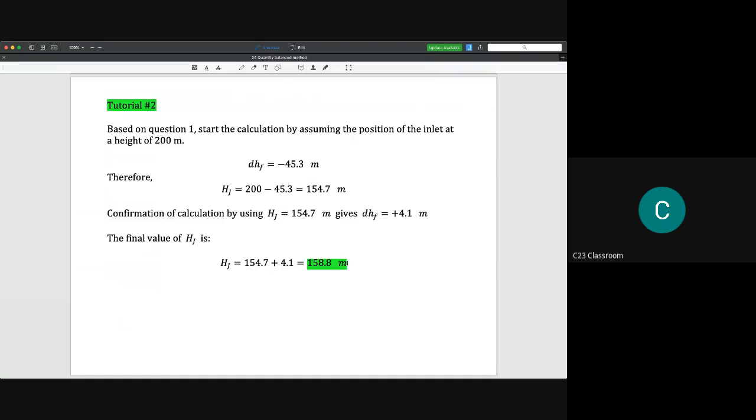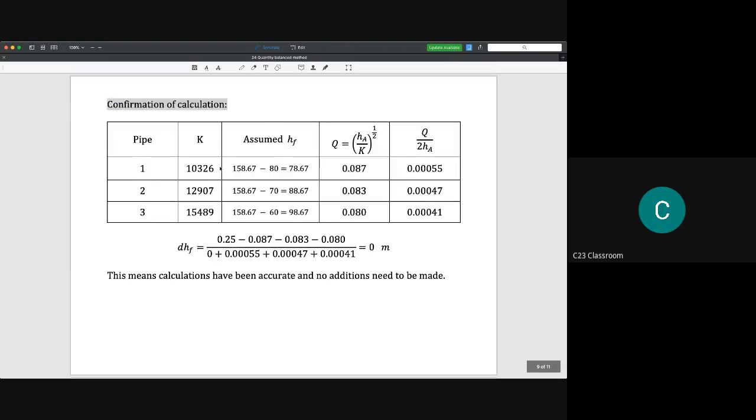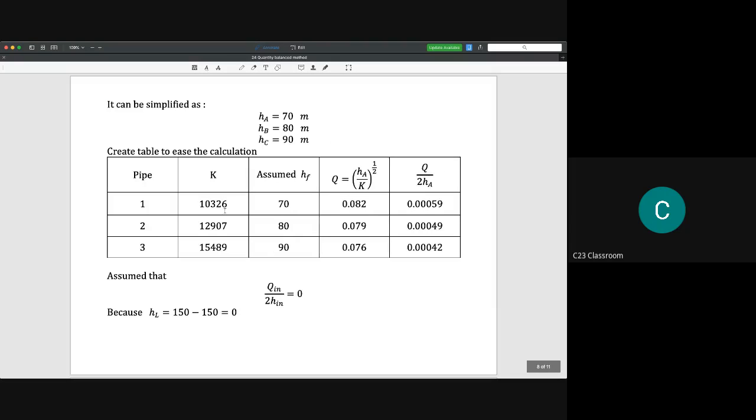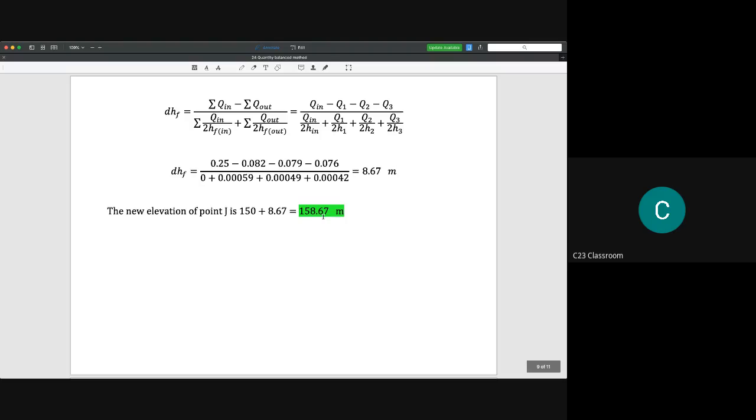Actually, after you get this one, you need to do the calculation again. You need to go back to the first calculation and assume that the height is 158.67.